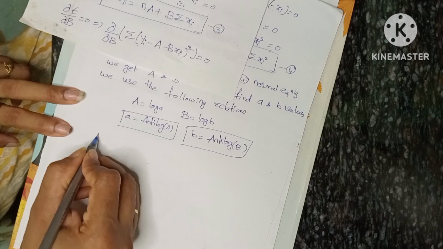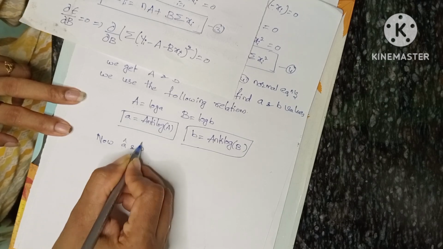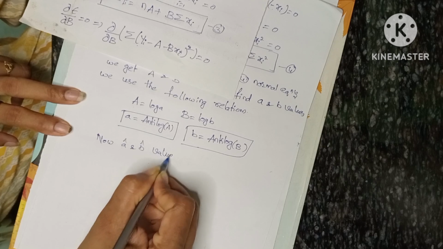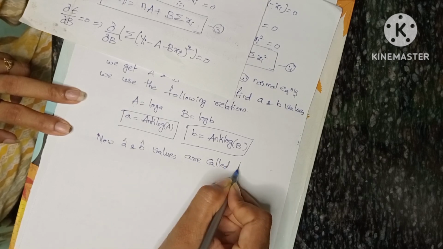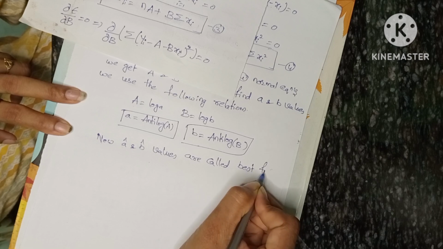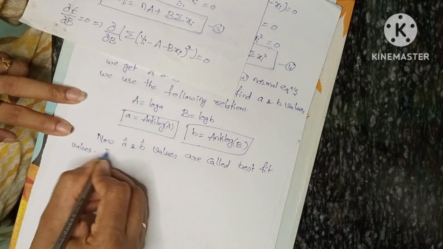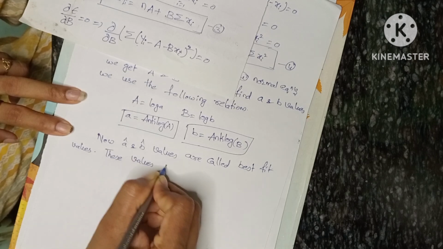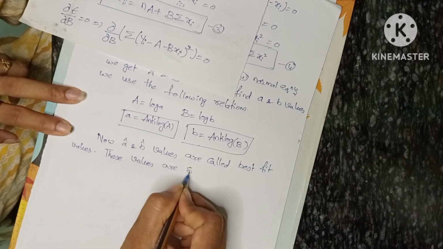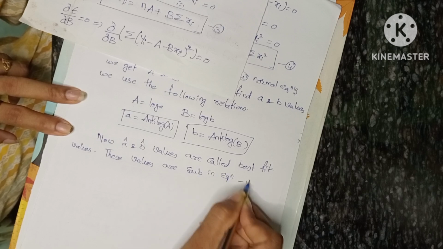So now a cap and b cap values are called best fit values. These values are substituted in equation 1.